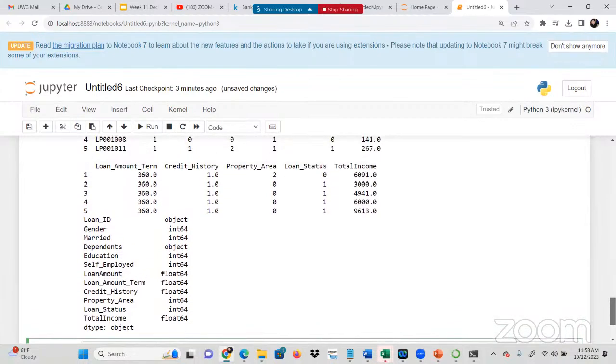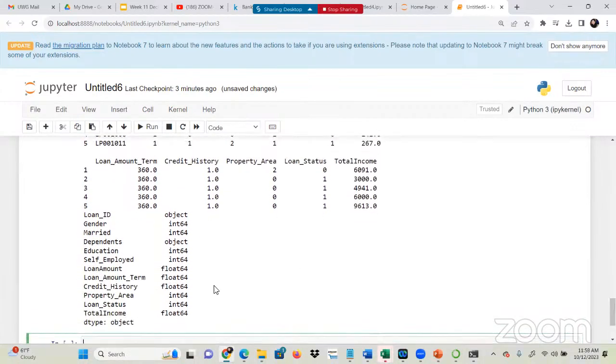Here, the loan ID we don't use, but the dependent is an object, so we need to change it to numerical.